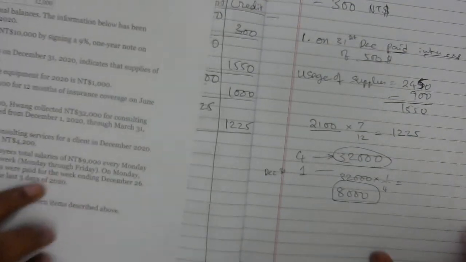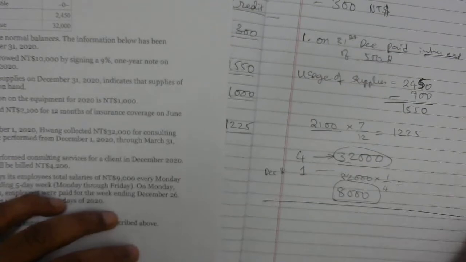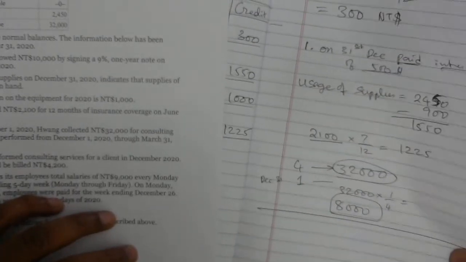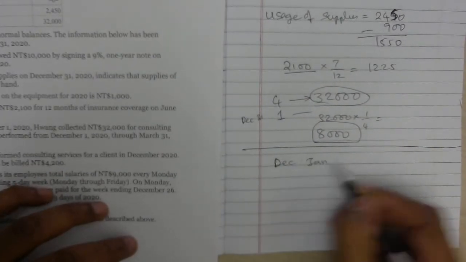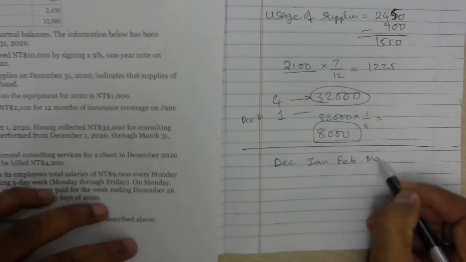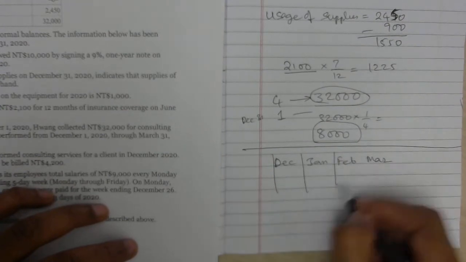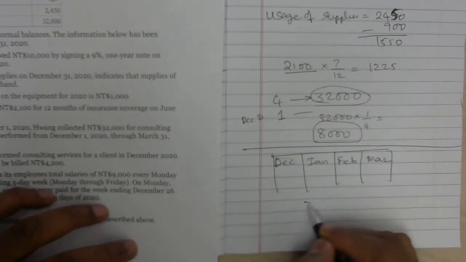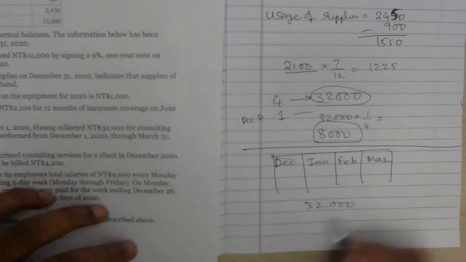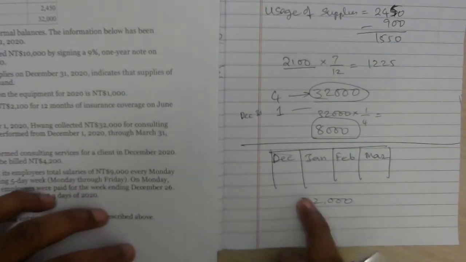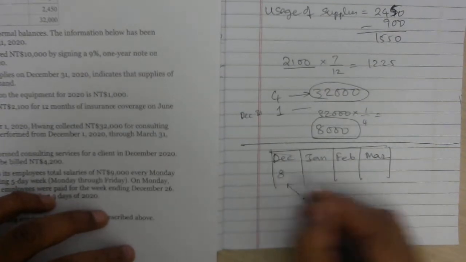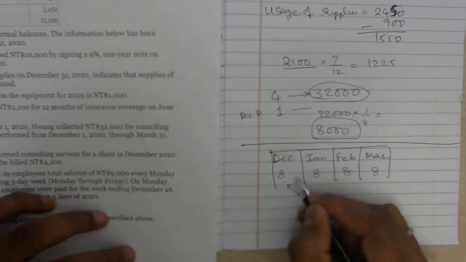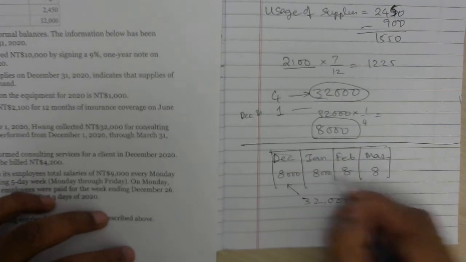I don't get it again, please. See, you are doing a project. The cost of the project is 32,000 for December, January, February, March, so each month it will be 8,000, right?